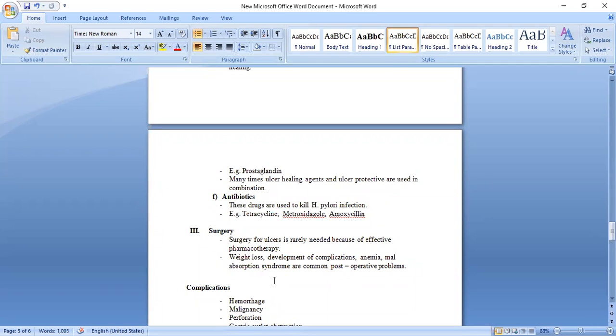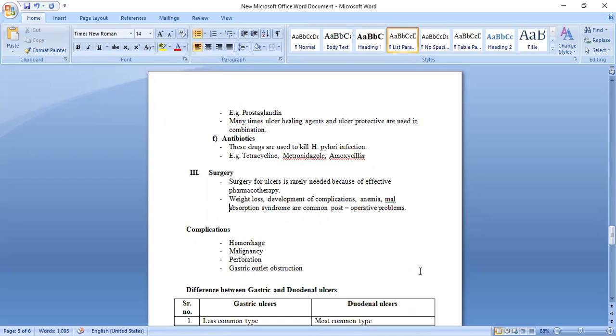The common symptoms are there: weight loss, many complications due to the surgery, anemia, malabsorption syndrome, and other symptoms may be there after surgery. Now see the complications: hemorrhage, malignancy, cancer, perforation, and sometimes gastric outlet obstruction. If the surgery is not successful, then these may be the complications.